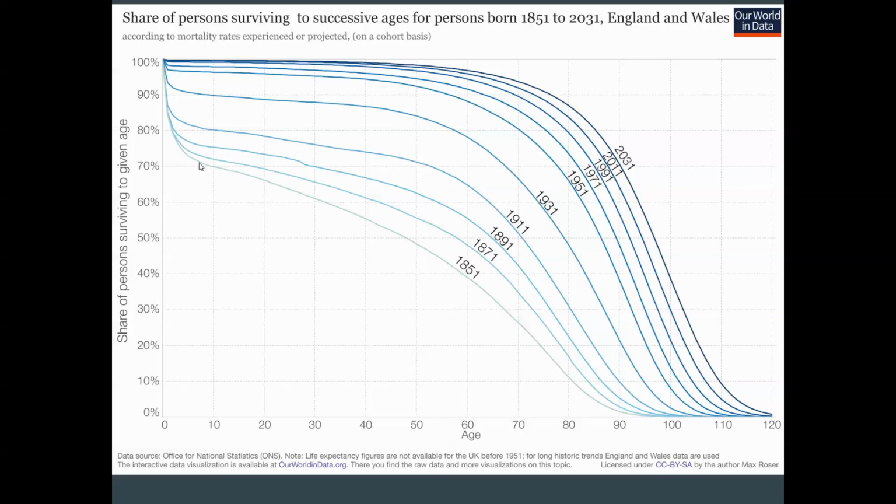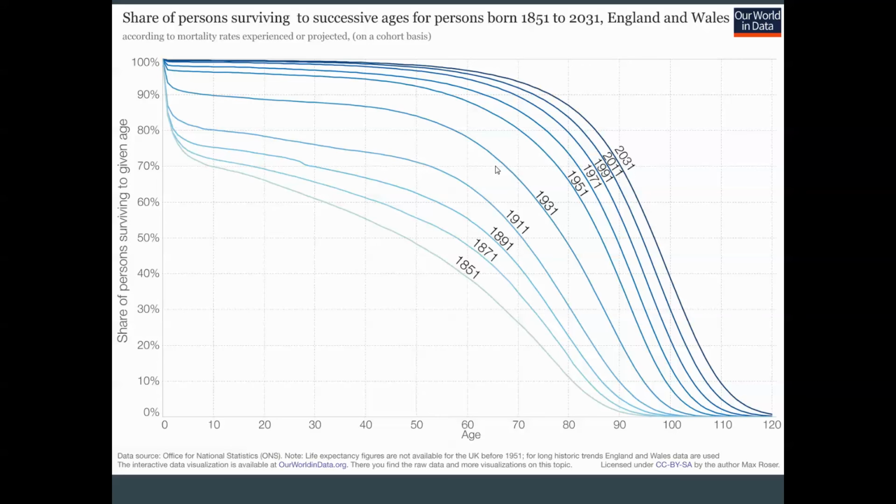Well, in 1851, the percent of the population that survived from birth to the age of 10 was only 70%. 30% of the population that was born died before they reached the age of 10. What's important about this part of the curve is that today that simply doesn't happen. Okay, virtually all of the population that is born survives to age 10.